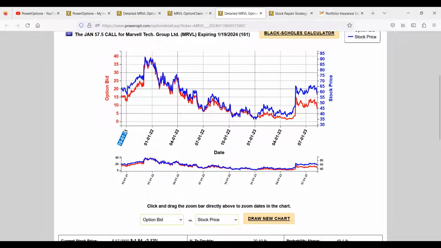Actually, for a leap, yeah, it's usually 2 years out in time. So this was released in October of 2021. So the 2024 January series was released in October of 2021. We already saw in the chain, or that drop-down selection, the 2025s are already available. They were released in October of 2022.